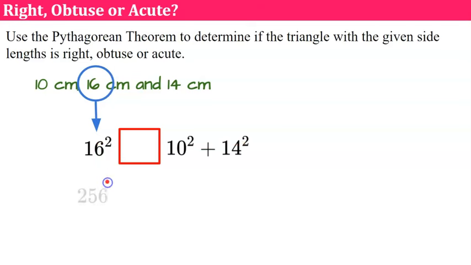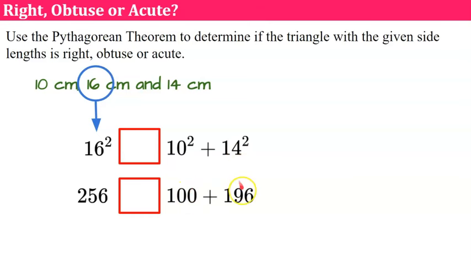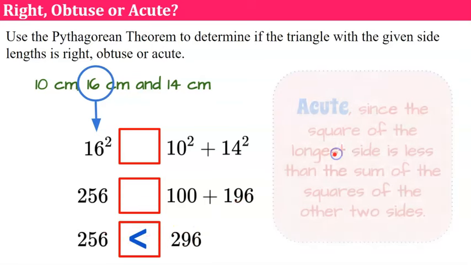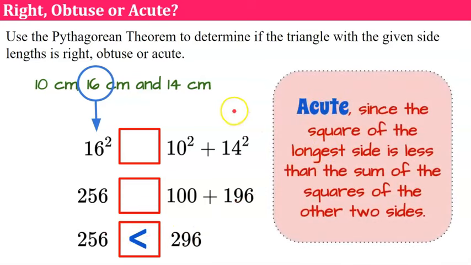So 16 squared is 256, 10 squared is 100, and 14 squared is 196. Add these two sides together, and we get 296. So 256 is less than 296, telling us that this triangle is acute, since the square of the longest side is less than the sum of the squares of the other two sides.